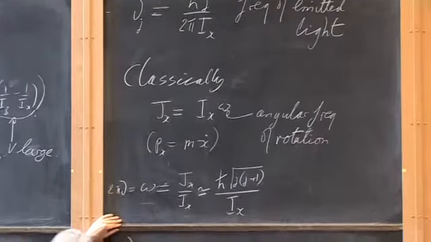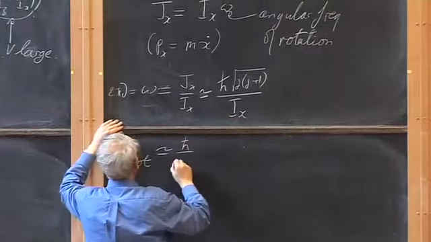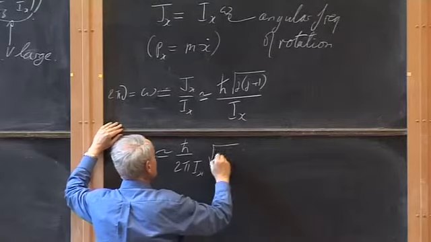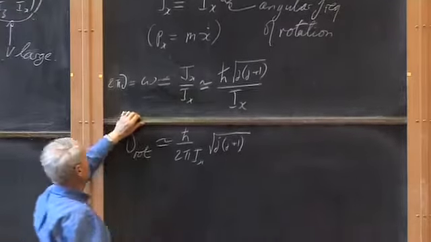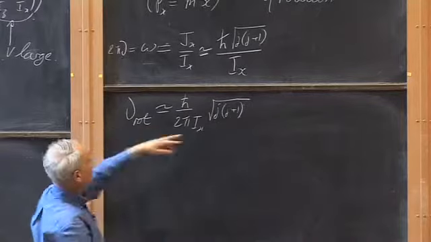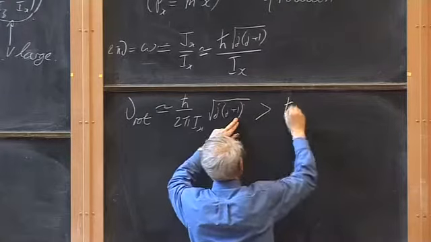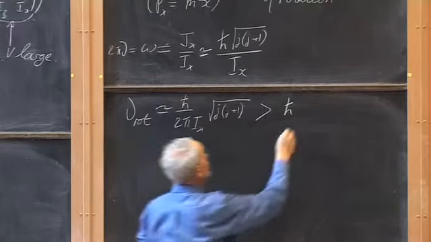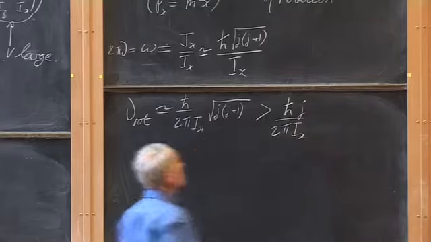So we have the frequency of rotation, we expect to be h bar over 2 pi Ix times the square root of j plus 1. So what can we say? This is slightly bigger, just a bit, if j is a larger number, it's only a smidgen bigger than h bar j over 2 pi Ix.